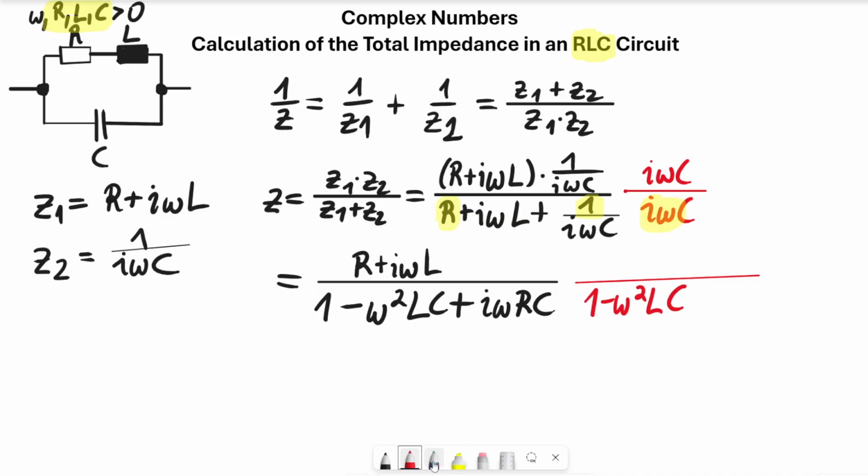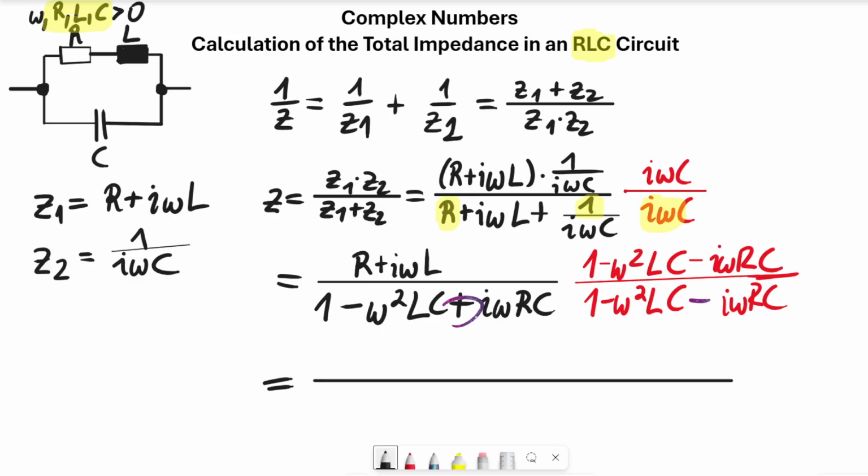And then now we have, instead of this plus here, the minus I omega RC. And in order not to change this expression, you have the same in the numerator. Great. And the last step is to expand everything. And this is a lot of work.